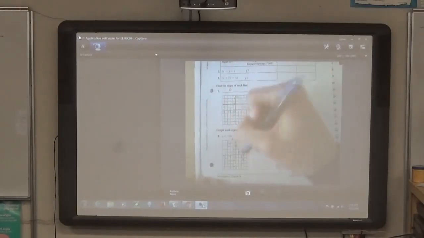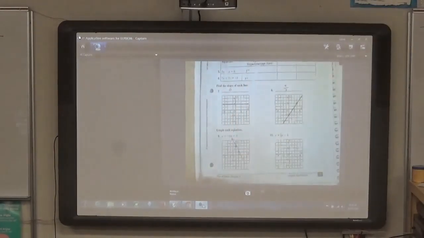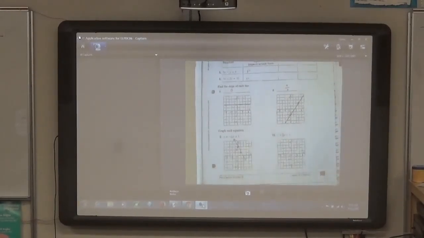Make sure you put arrows. What is the y-intercept in number 10? Negative 1. So mark negative 1. What is the slope? Johnny?